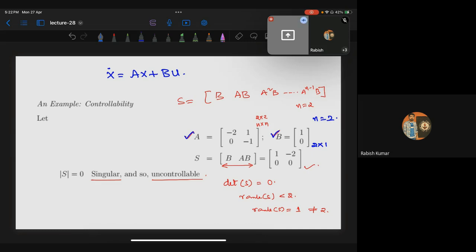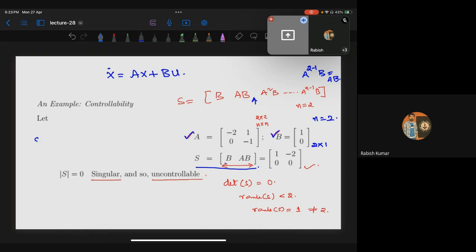Now we write the S matrix. How do you write the S matrix? When n equals 2, it is A power 2 minus 1 B, which is equivalent to AB. So S will be B and AB only, up to this term.